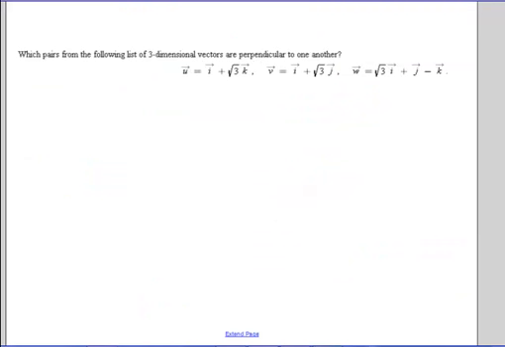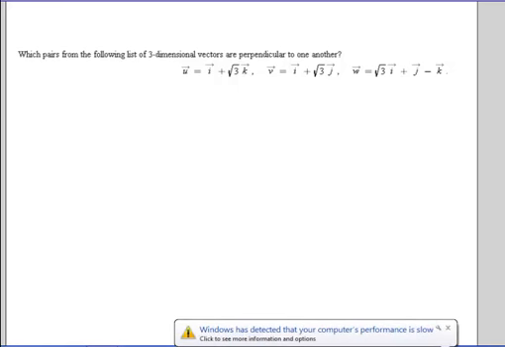All right, in the next question, we're thinking about ideas of orthogonality. It says, which pairs from the following list of three-dimensional vectors are perpendicular to one another? Well, if they're perpendicular to one another, their dot product must be 0.